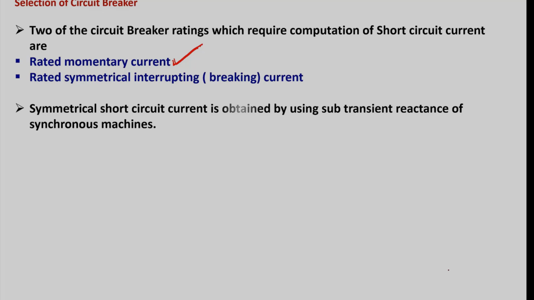Okay. So symmetrical short circuit current is the current that flows immediately after occurrence of the fault, computed by using the subtransient reactance of the synchronous machine.